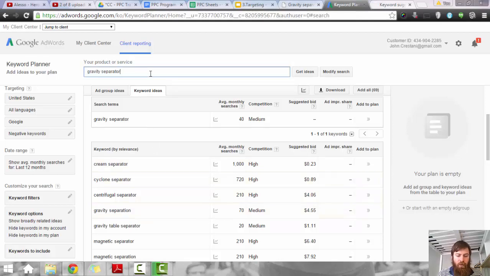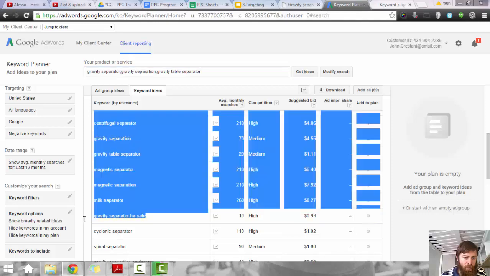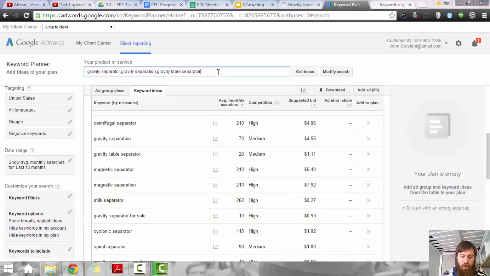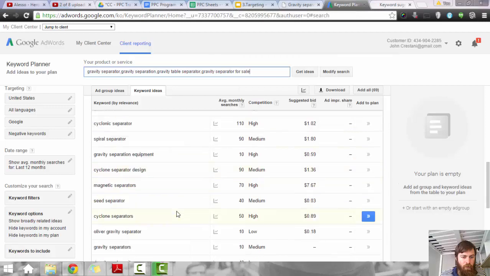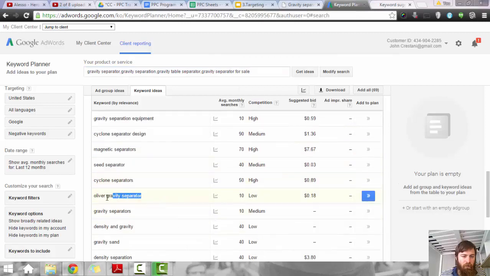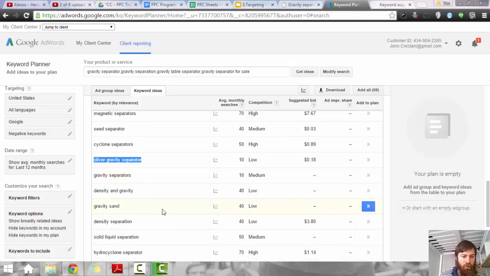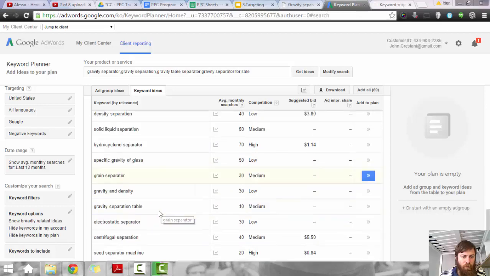So here's some keywords: gravity separation, gravity table separator, gravity separator for sale. Oliver gravity separator. We know they're known for their gravity separation table.